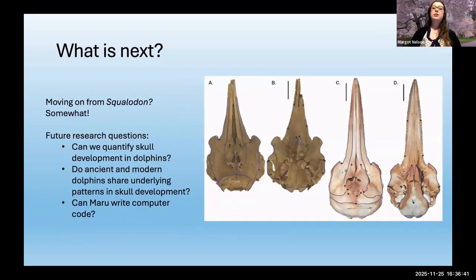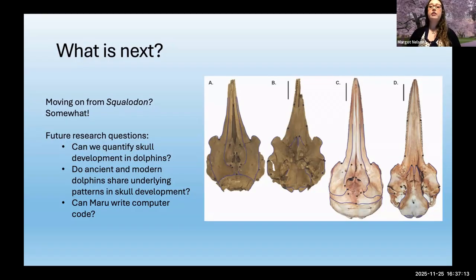So what's next for me? I am slightly moving on from Squalodon, even though Squalodon forms 90% of my thoughts. I'm also just really interested in looking at the evolution of skull shapes and trying to understand skull development. So I have a project going on where I'm looking at skull development in ancient dolphins and seeing if ancient and modern dolphins share underlying patterns.